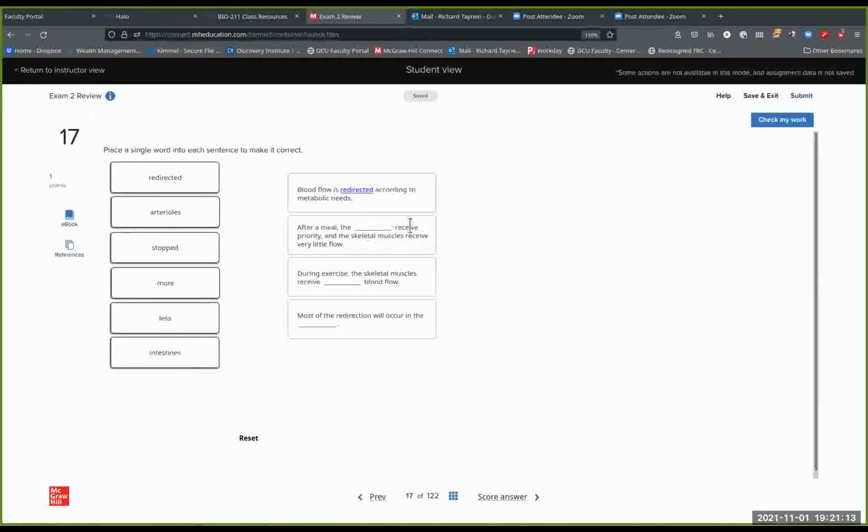After a meal, the blank receive priority and skeletal muscles receive very little flow. What would that be? What do you use after a meal? During exercise, the skeletal muscles receive blank blood flow. That'd be more probably.